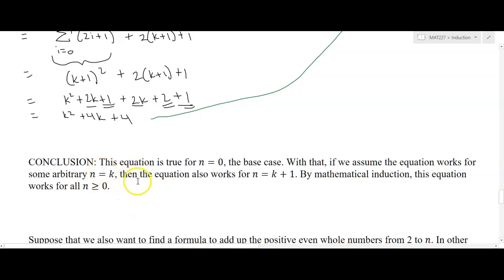This equation is true for n equals 0, the base case. With that, if we assume the equation works for some arbitrary n equals k, then the equation also works for n equals k plus 1. So that's what we've proven. By mathematical induction, this equation works for all n greater than or equal to 0.